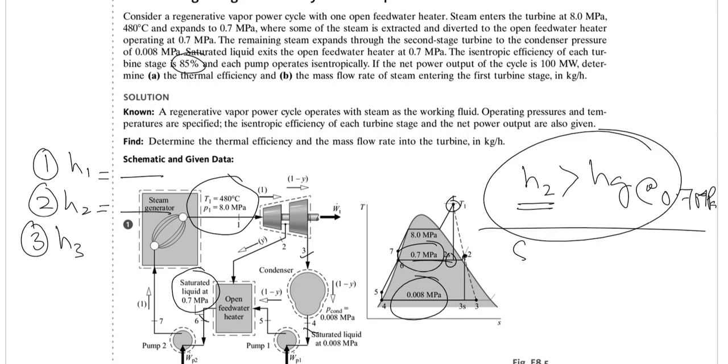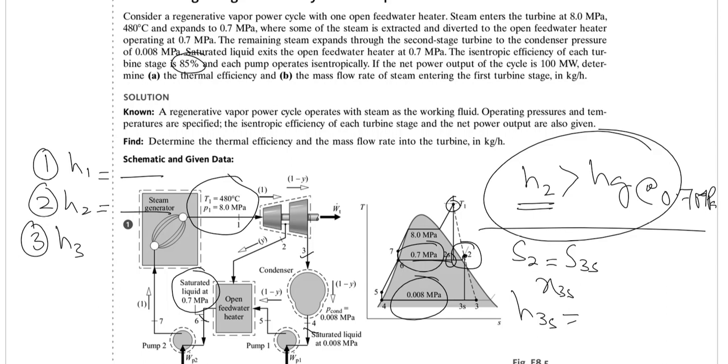So using this pressure, we would use the same method. That means S2 would be equal to S3S, finding X3S, and then finding H3S over here. But there is a tricky part, as we do not have S2 yet.